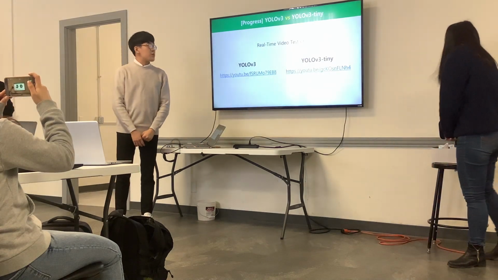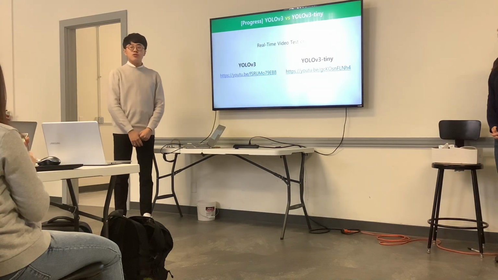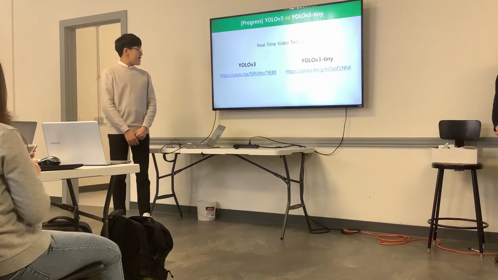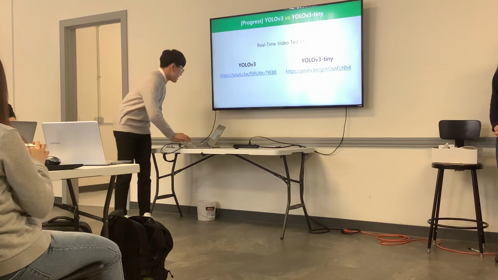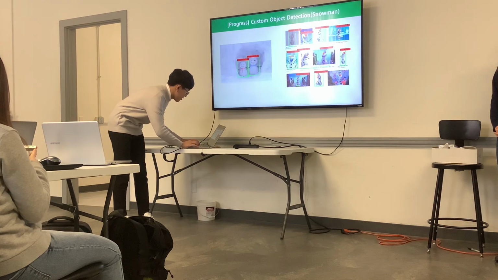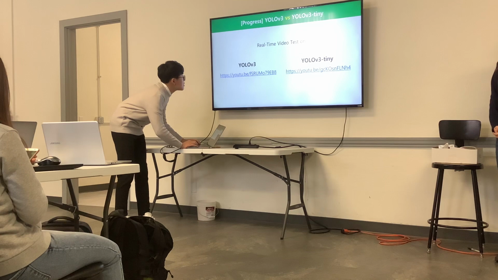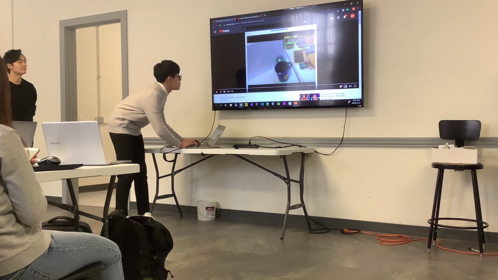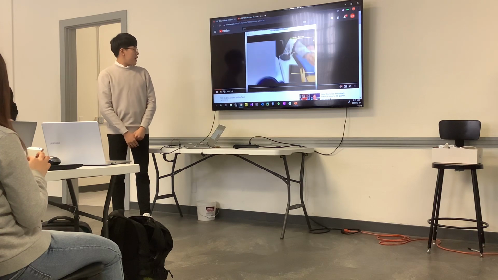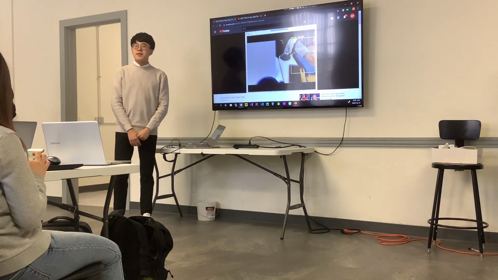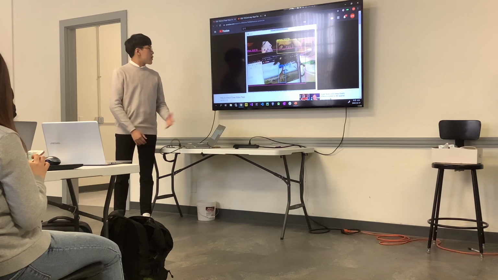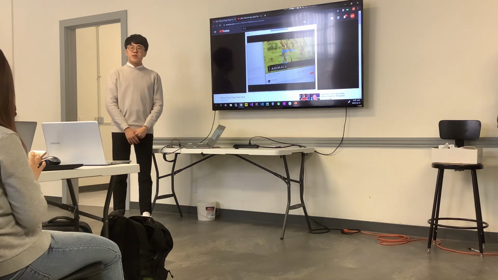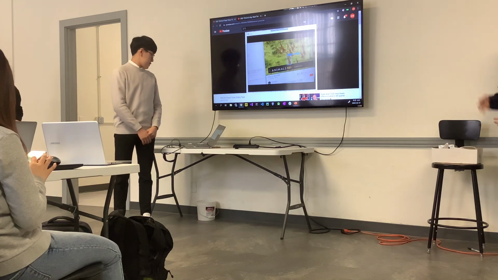We did some experiments on our laptop. We used pre-trained model of YOLO version 3 and YOLO version 3 Tiny. Let's see the result of YOLO version 3. As you can see, YOLO version 3 can detect a lot of objects like person, laptop, cup, TV monitor, and so on. However, its speed was too slow to use for our project.